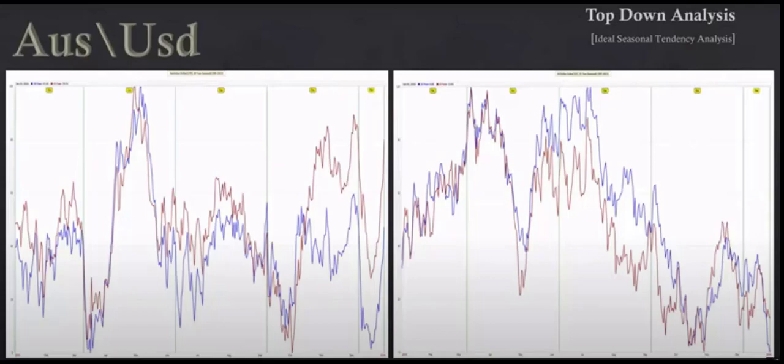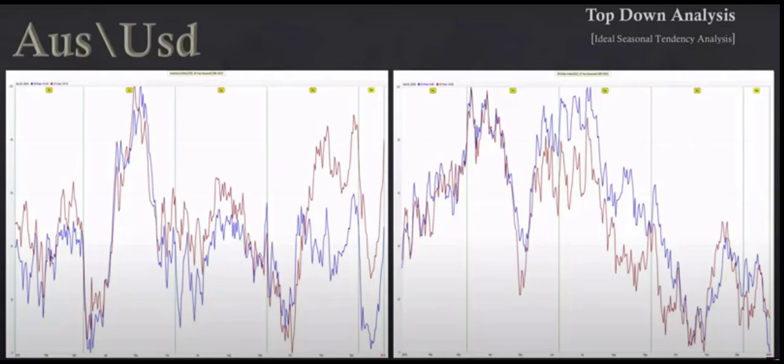So when we are focusing on high probability, in my definition, an ideal seasonal tendency is when the underlying market is predisposed to go in the direction that the seasonal tendency is outlining.